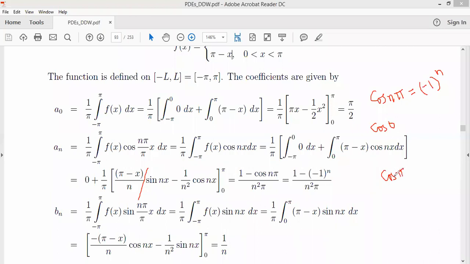Now that is for n is equal to 1. Remember I've already told you, when you look at cos and sine, you always oscillate between minus 1, 0, and then 1. That is always the case, whether you like it or not.